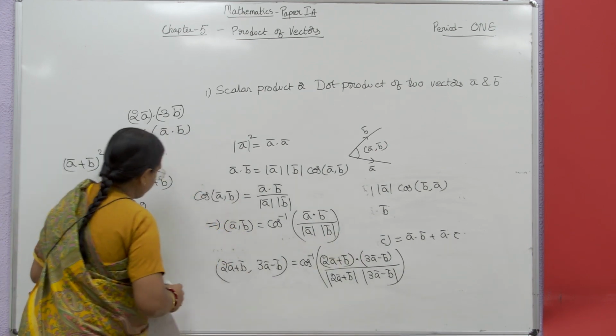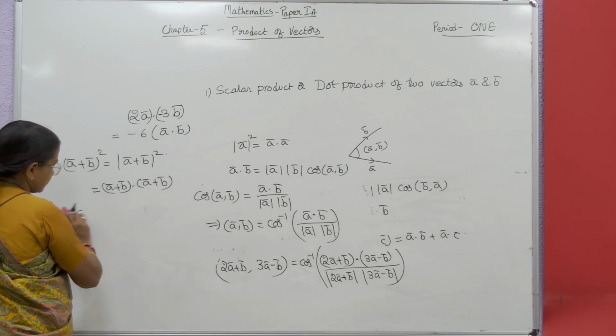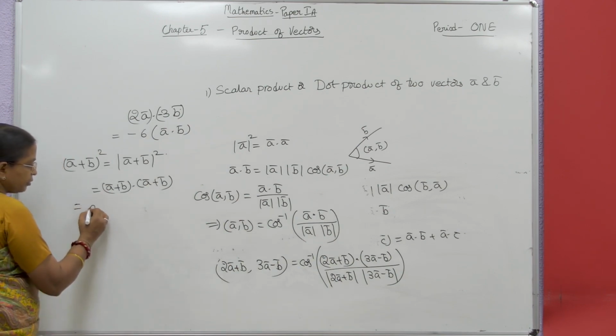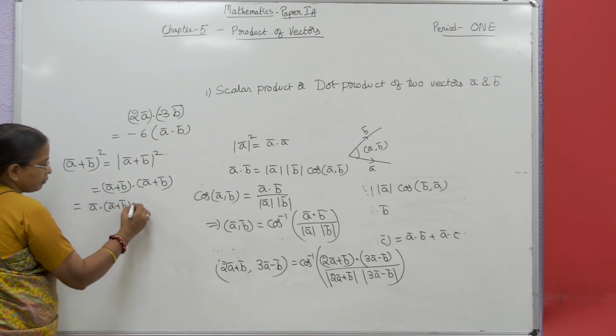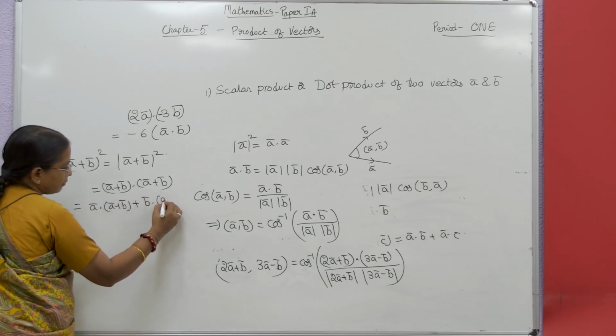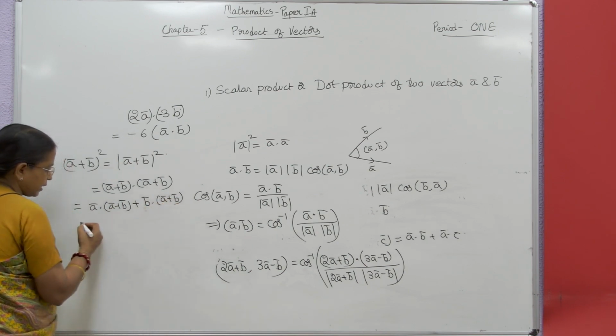When you use the distributive property, it is A dot of A plus B plus B dot of A plus B. So you can also expand like this.